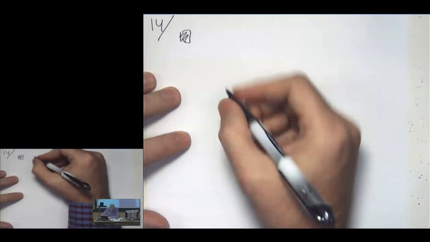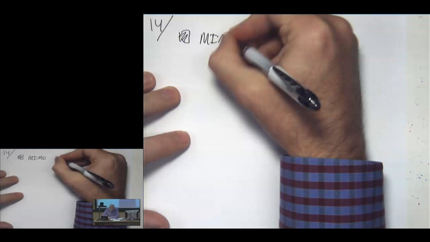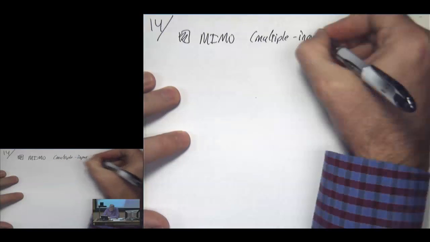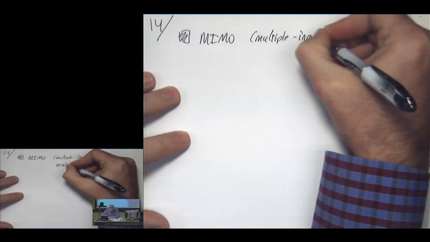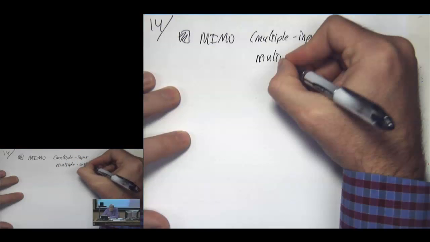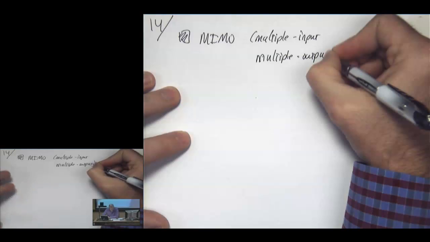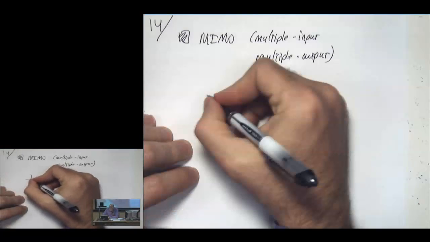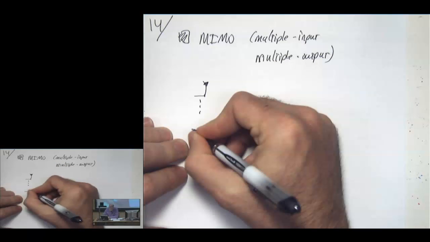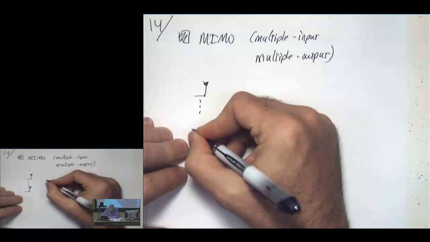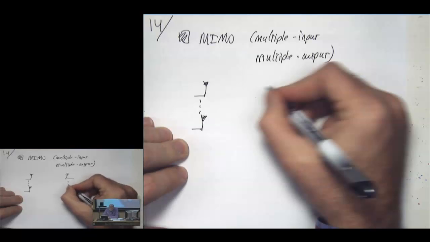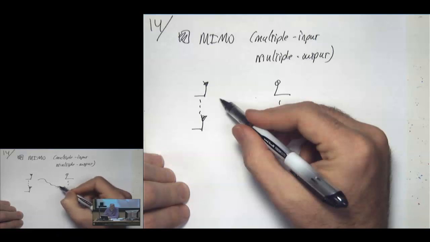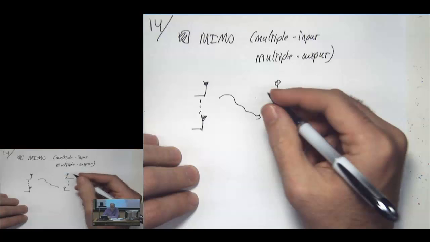So first of all, just the definition. MIMO stands for multiple input, multiple output. Essentially, we're going to look at system configurations where there are multiple transmit antennas and multiple receive antennas. Between every transmit and receive antenna, there's an impulse response of a channel.